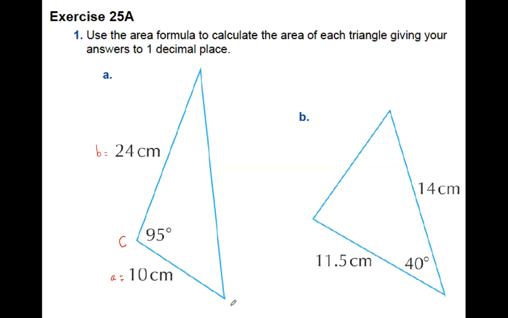So this would be capital A and capital B, and this would be your small c. That means you can pick your formula from the formula sheet. You know that the formula is half of A times B times sine C, and then you can do that.